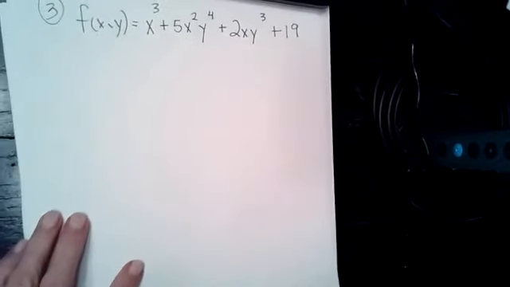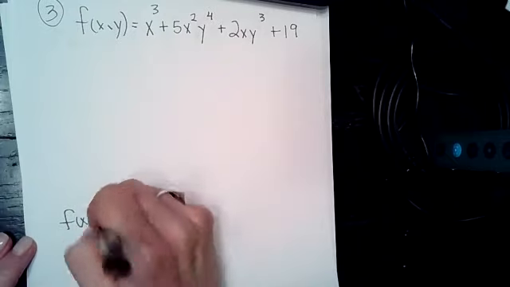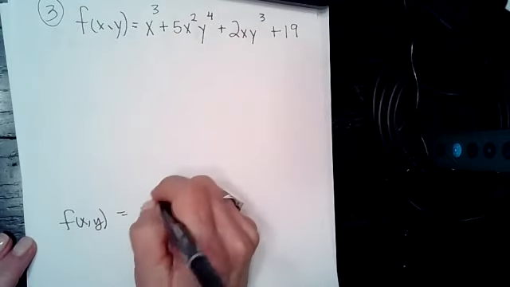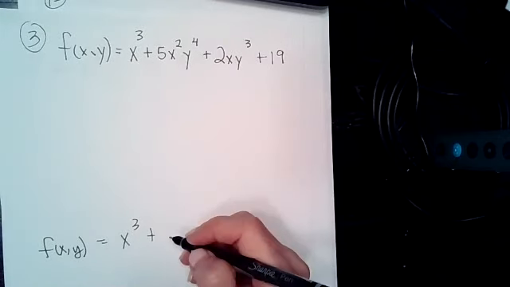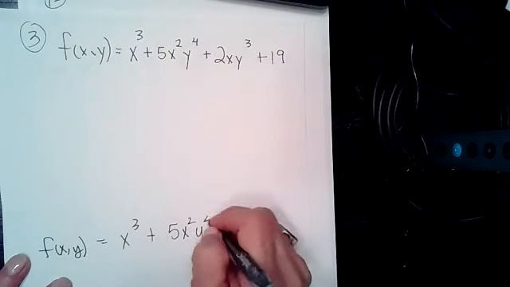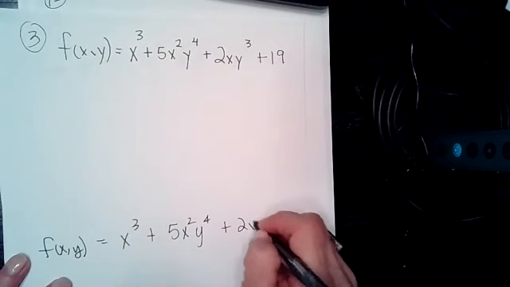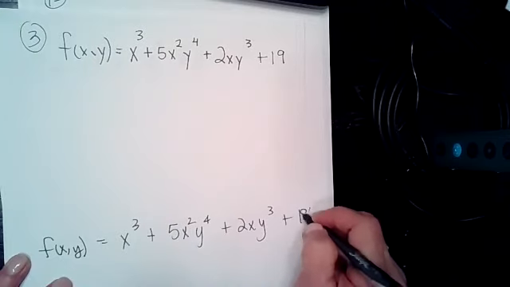While you write this one down, I'm going to write it down again because I'm going to mess this up: x cubed plus 5x squared y to the 4 plus 2x y cubed plus 19.